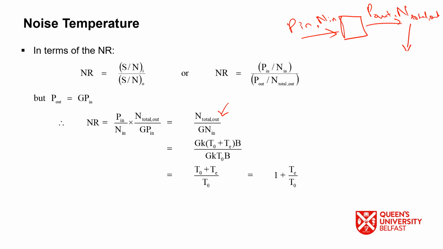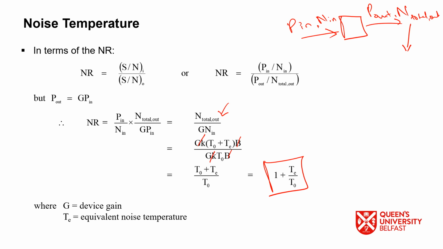So from here, if we write N total out, it's G K (T naught plus TE) B divided by G K T naught B, and if we cancel G, K and B, then we are going to get this result, that is 1 plus TE, equivalent noise temperature, over T naught, the reference temperature, where G is the device gain, TE is the equivalent noise temperature, and T naught is the reference temperature.